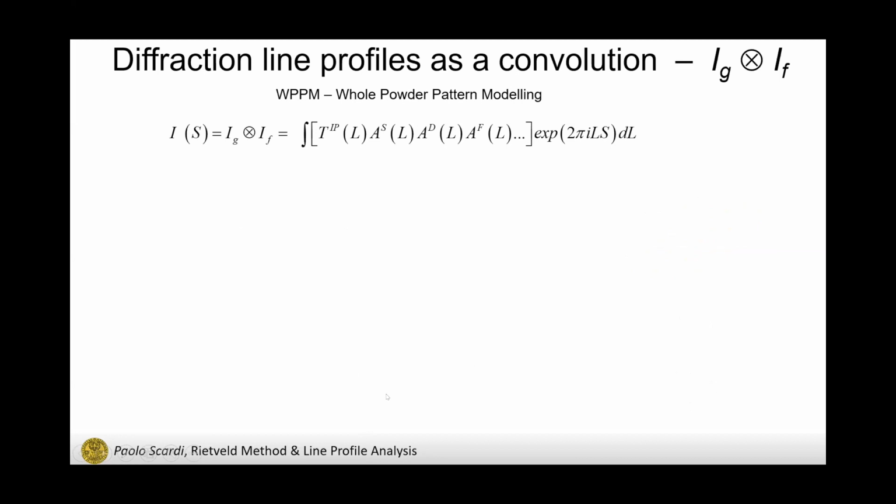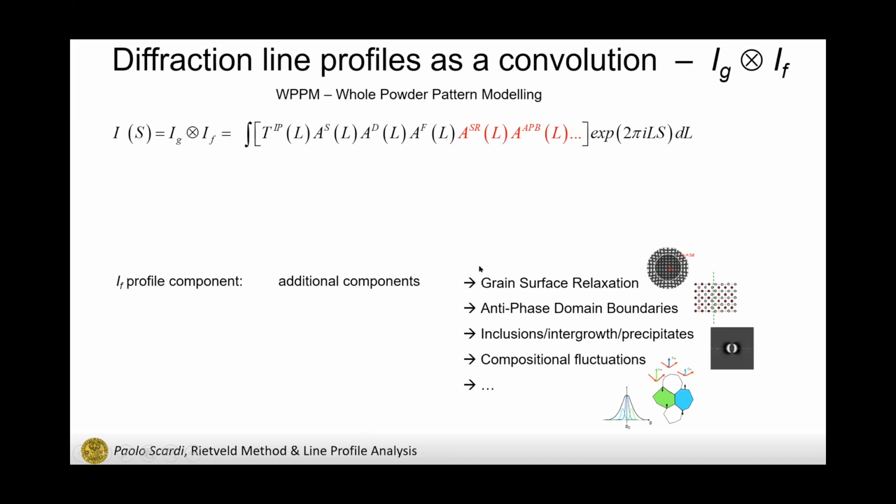So, ultimately, it is possible to add various microstructural components which contribute to the diffraction profile, such as, for example, you can add the effect of the relaxation of the grain surface. We have written something on this.